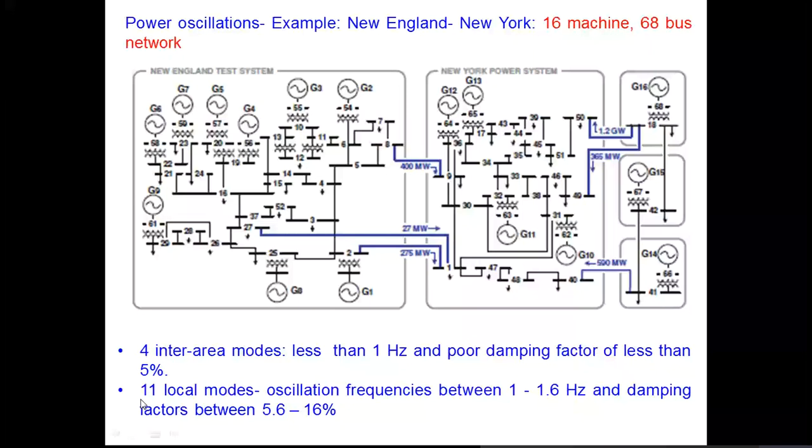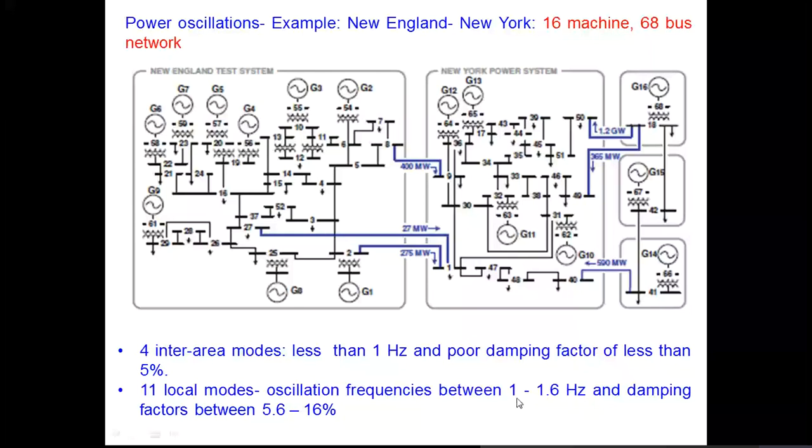There will be some generators oscillating in a group at a local level. So there are 11 local modes here, and the oscillating frequency of these local modes will be in this range.